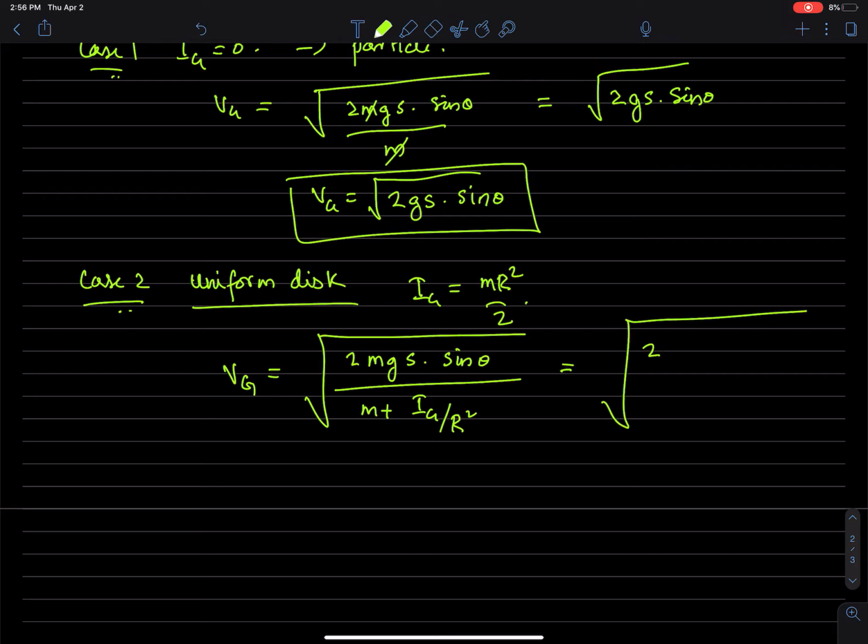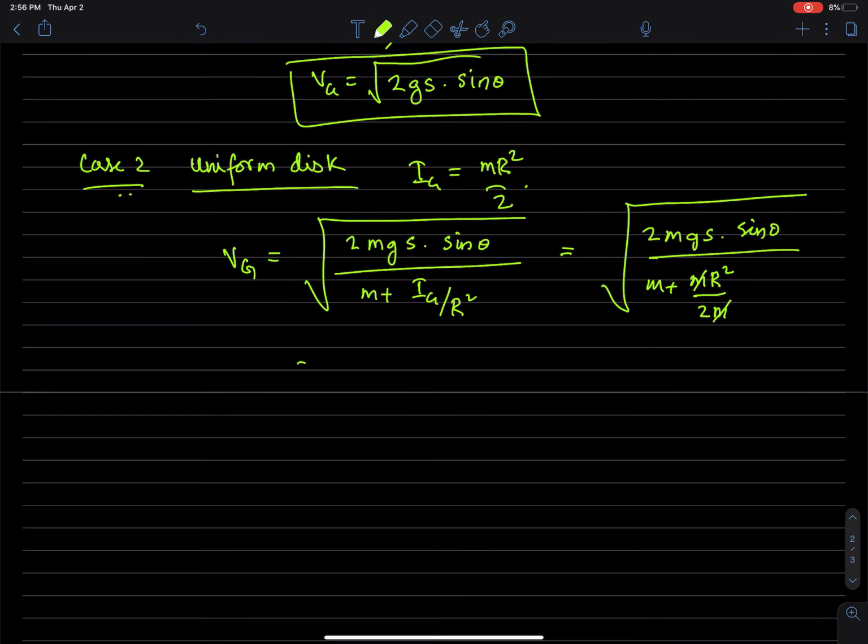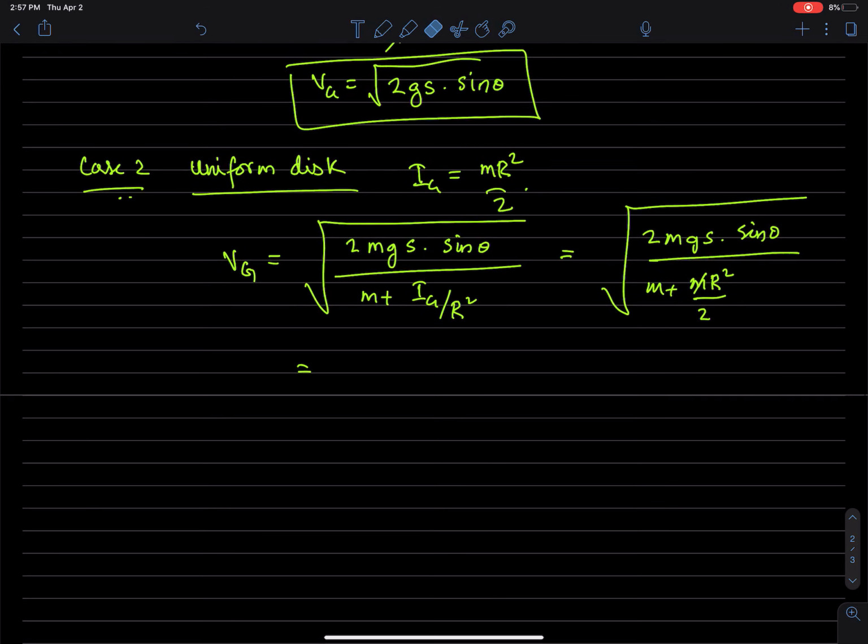Let's simplify this a little bit. Ig by r square is going to be m r square by 2. Sorry, the m doesn't get cancelled there. It's r square. R square and r square get cancelled, and these m's get cancelled.